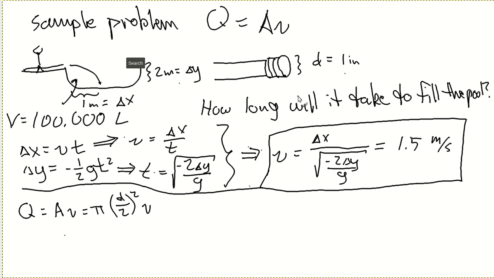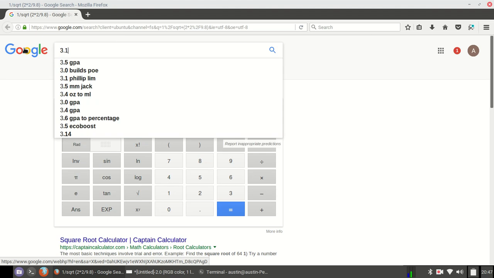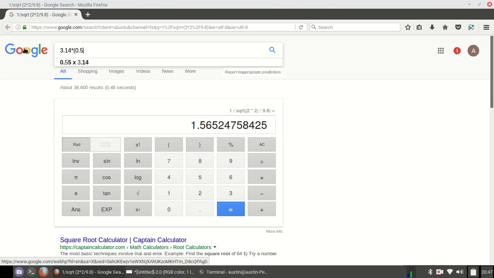The velocity actually rounds to 1.6 meters per second. So we'll stick with that. And what we've got here is pi, which is 3.14, times d over 2 was half an inch. Now we need to convert the inch to centimeters, so that means we multiply by 2.5, because there's 2.5 centimeters in an inch.